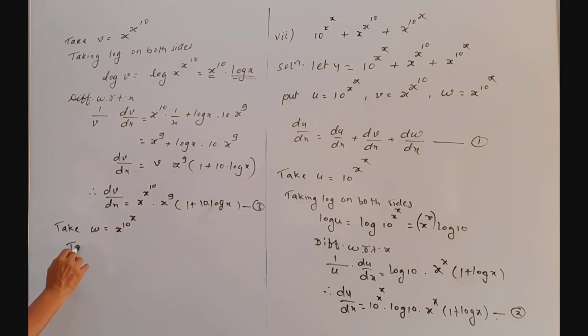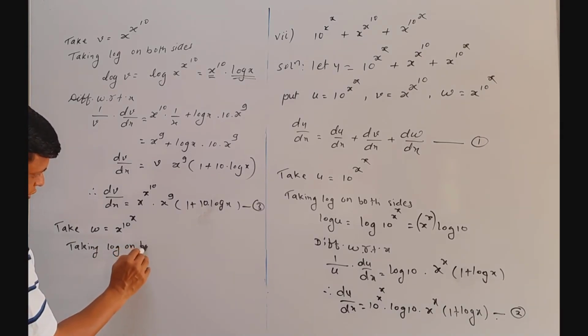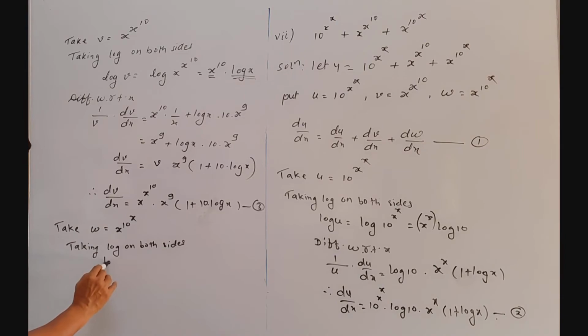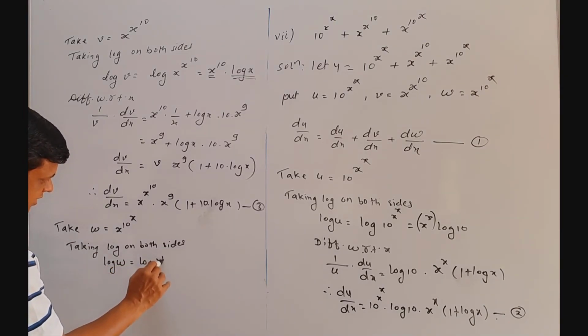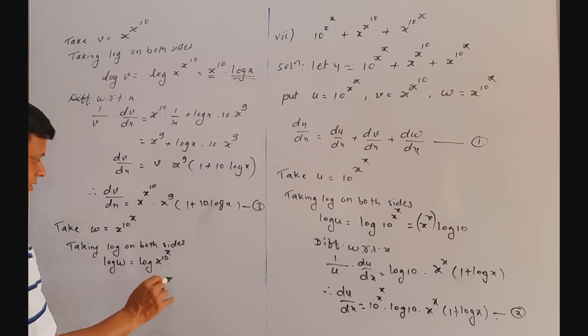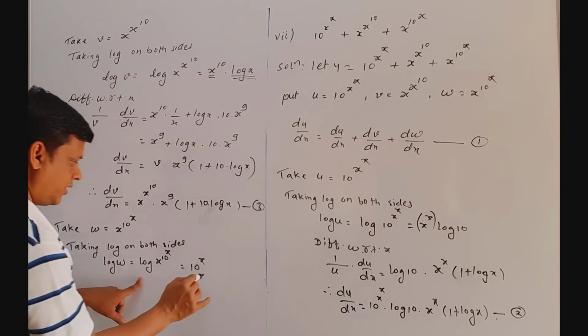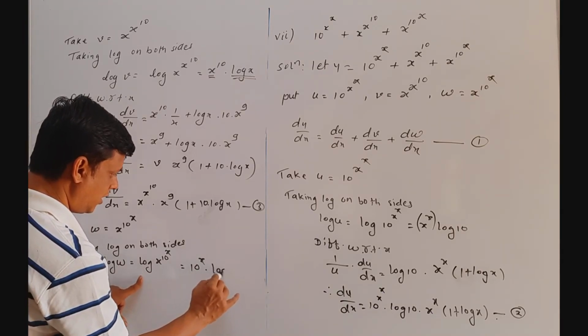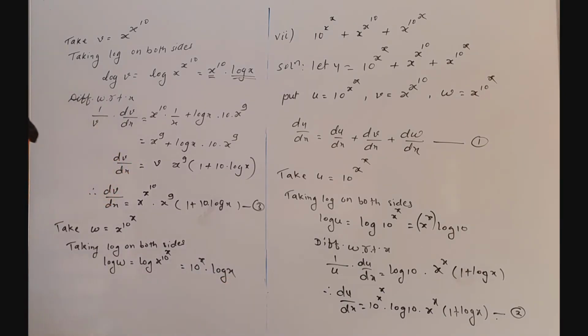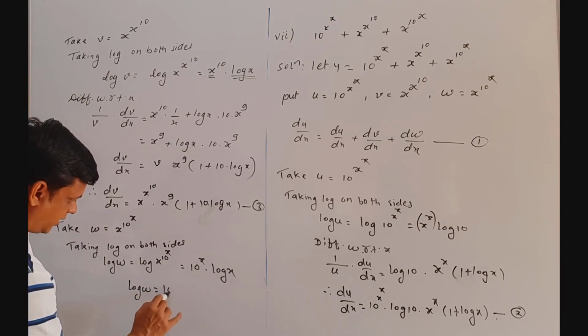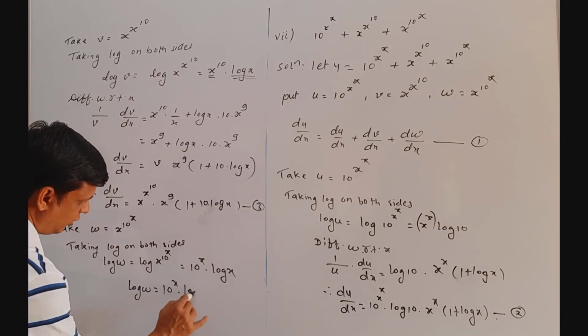Taking log on both sides, we write log w equals log of x raised to the power 10 raised to the power x. Write this 10 raised to the power x in multiplication. So we get 10 raised to the power x into log x. So log w is equal to 10 raised to the power x into log x.